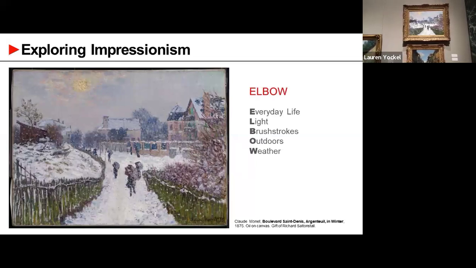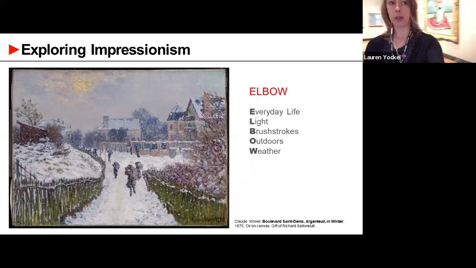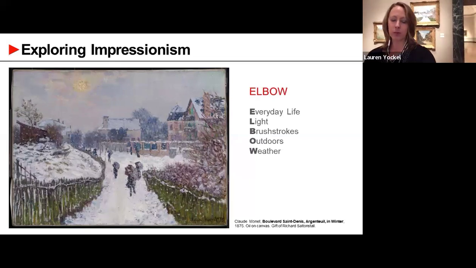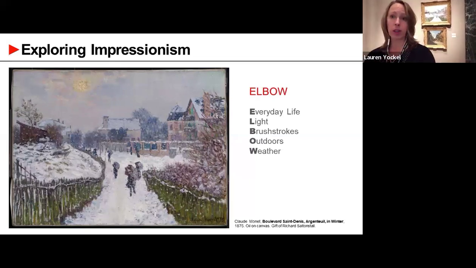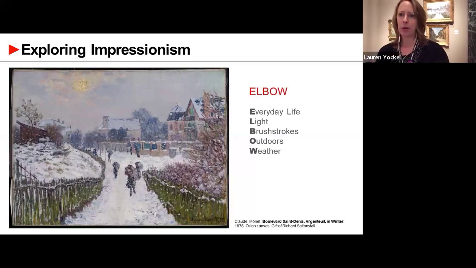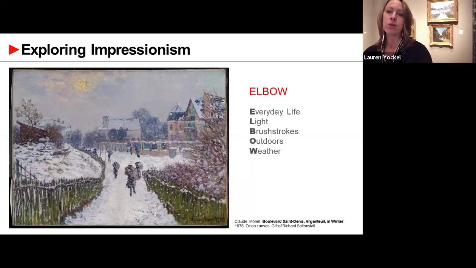But the letters of this word, elbow, are going to help you remember some key things about Impressionism as we're looking at these paintings together today, or anytime. If you find yourself in another museum someday, or looking at some pictures of Impressionist art in a book, you can remember elbow. So maybe let's all start by just giving our elbow a little tap. So we'll always remember that trick.